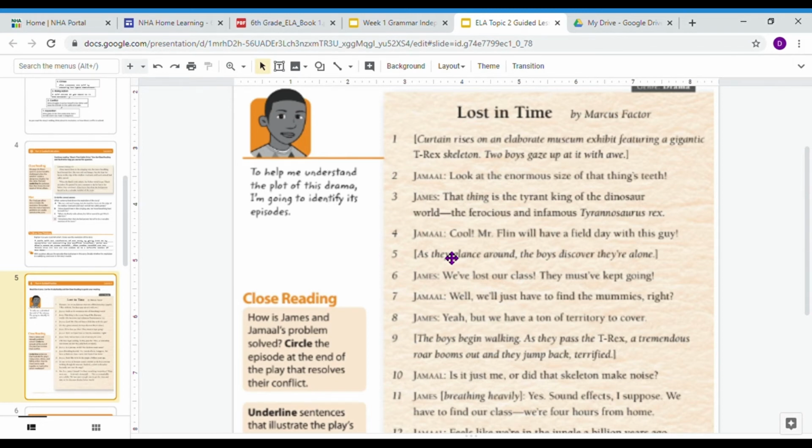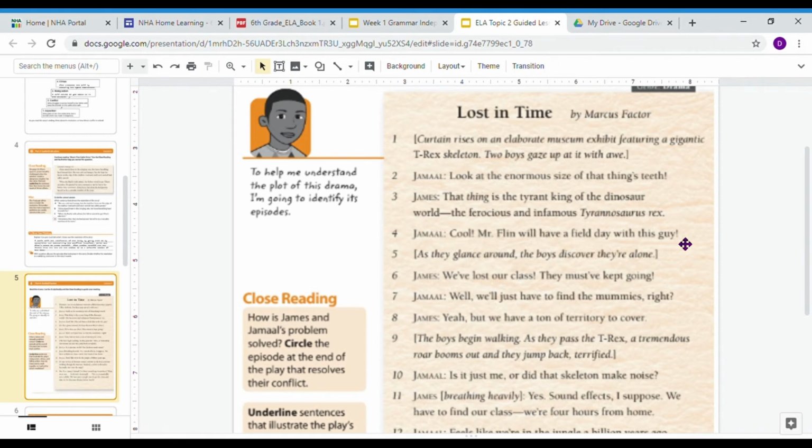The curtain rises on an elaborate museum exhibit featuring a gigantic T-Rex skeleton. 2 boys gaze up at it with awe. Jamal, look at the enormous size of that thing's teeth. James, that thing is the tyrant king of the dinosaur world, the ferocious and infamous Tyrannosaurus Rex.